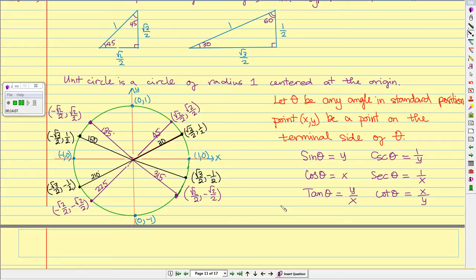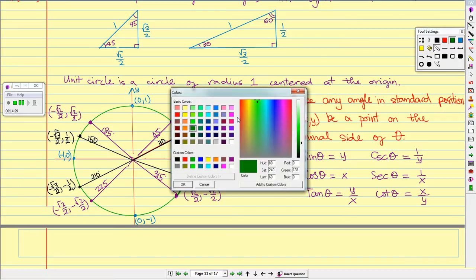Now we need 4 more points, which are based on the 60 degree angle, or you can think of it as a multiple of 30. So let's go with another color now. Let me see if I can find a good color for you.